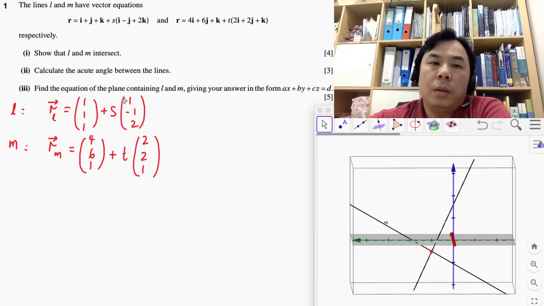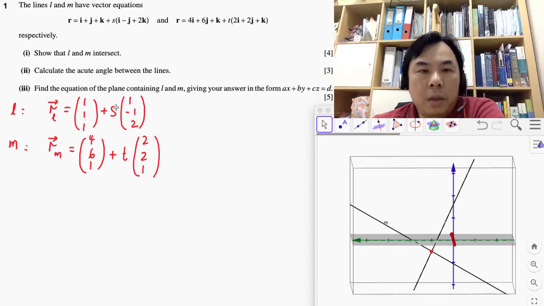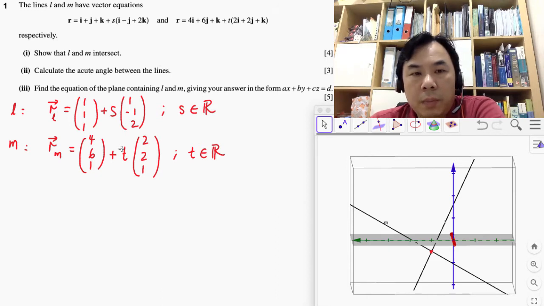All right. Now the s and t here are basically parameters that are real numbers. Now this is just a scalar that is used to represent this particular line. Right. So I hope that is clear at this point.